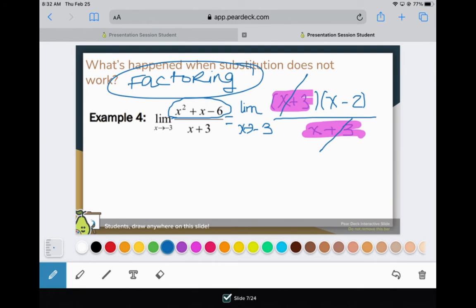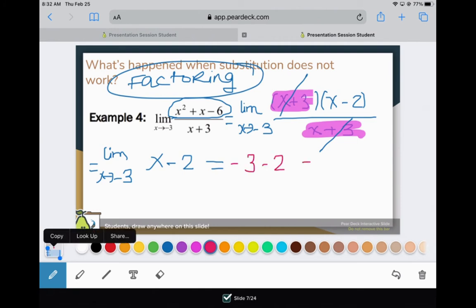When I plug the -3 in, it will give me 0, and I don't like to divide by 0 because I don't know what happened. So this will cancel out. It's going to be the limit as x approaches -3 of x minus 2. Now, nothing is wrong with this function anymore, so I can plug in -3: -3 minus 2 gives me -5. And this is the limit.